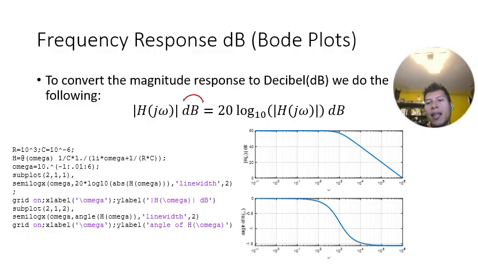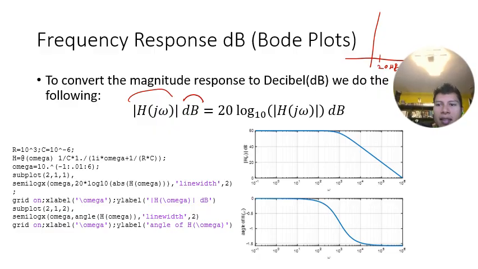Engineers typically report this magnitude not in a linear scale, but in what we call a decibel or logarithmic scale. So if you ever buy headphones, you notice that a lot of times you get this frequency response. Here's 20 hertz, the bass, and then the trebles are the higher frequencies, 20 kilohertz.